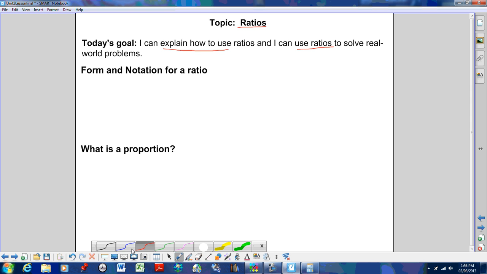So for those that don't remember what a ratio was, let's talk about form and notation for a ratio. Ratios can be written in a couple of ways. The most common, when you think of a ratio, is typically written in the form, and I'll use numbers here, 3 to 2. It can also be written as a fraction, 3 over 2.